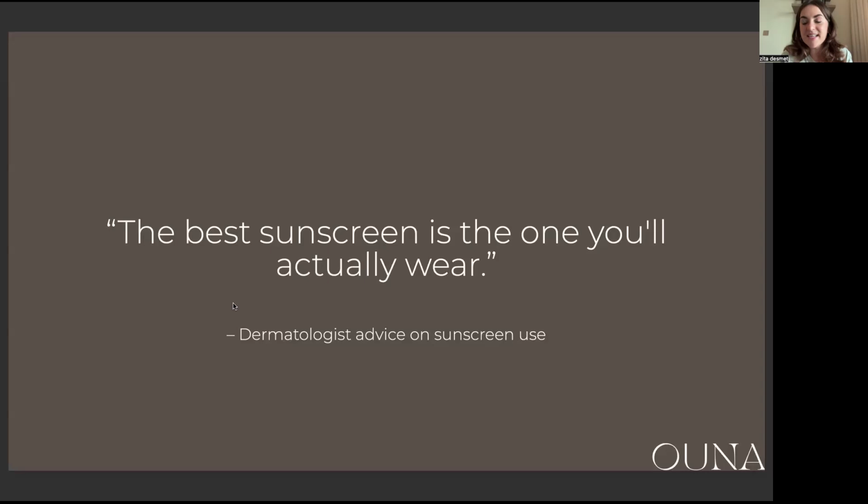I hope you guys found this had a lot of benefits. And in my opinion, the best sunscreen is the one you actually wear, is the best tip and advice we can give. If you see it from a skin longevity point of view, and you don't want to look or age as fast as you might due to certain circumstances, that's the reason why you should apply sunscreen, not to burn or to get darker or not get darker, but to look at it from the point of view of UVA, which is always there.